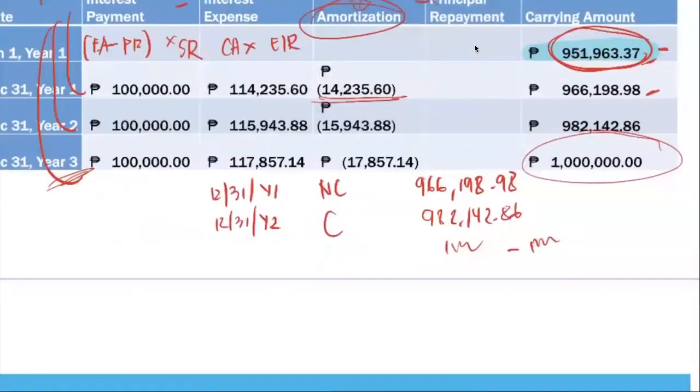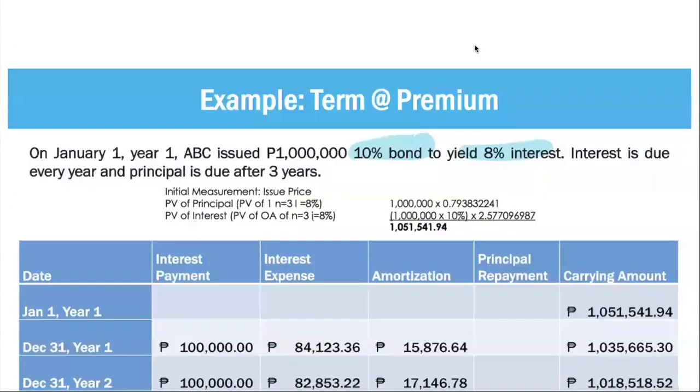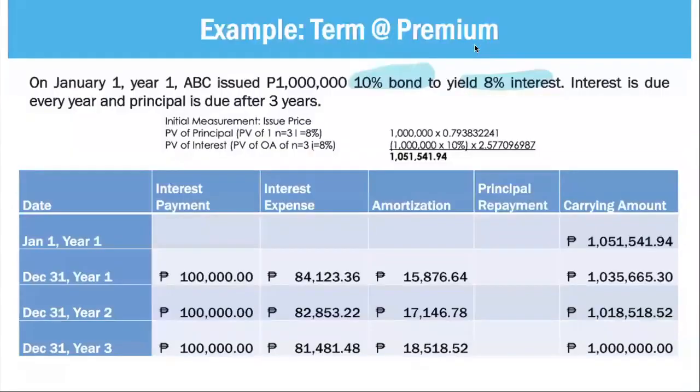Okay, so let's take a look into this example. So since it is a term bond again, to compute for your term bond, you just need to get for the PV of principal at PV of 1, PV of interest at PV of ordinary annuity of 1.